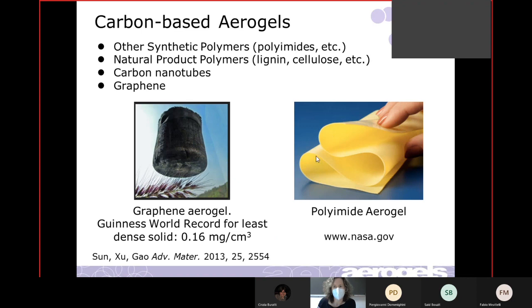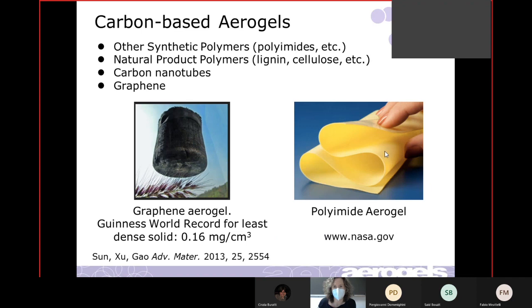NASA, of course, is a US government laboratory, but they actually licensed the patents that they had on this, and there are commercial products based on NASA's science that are now available, flexible polymer sheets.